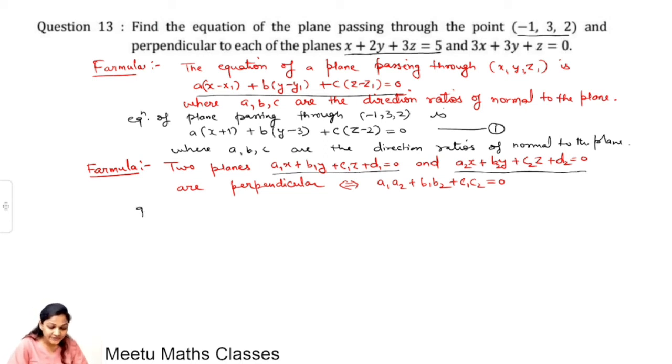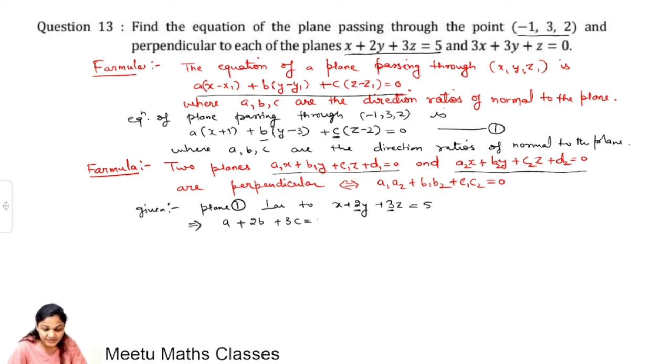Now we are given that this plane 1 is perpendicular to x plus 2y plus 3z is equal to 5. So this implies that a into 1, that is a, plus b into 2, that is 2b, plus c into 3, that is 3c must be equal to 0.